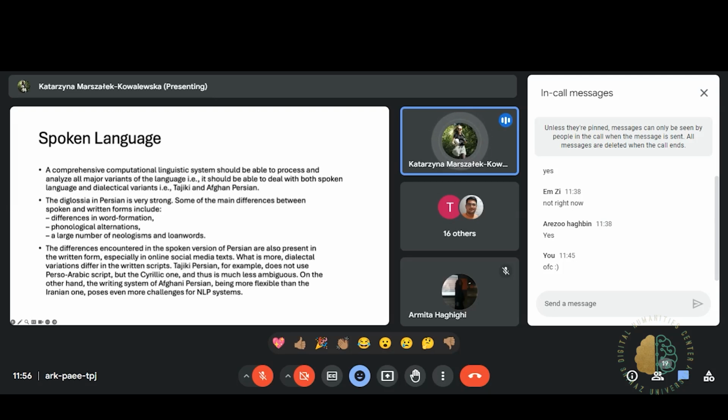Some of the main differences between spoken and written forms include differences in word formation, phonological alternations, and a large number of neologisms and loan words. That's why a comprehensive NLP system should also address these problems. If you take into consideration only the written part of the language, the diglossia, of course, is not going to be so huge.